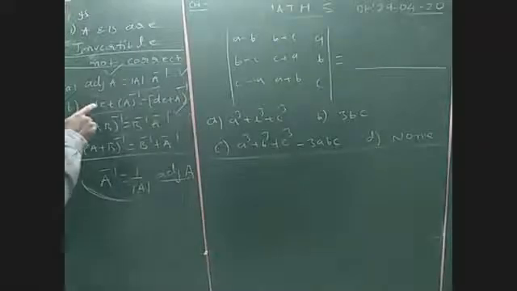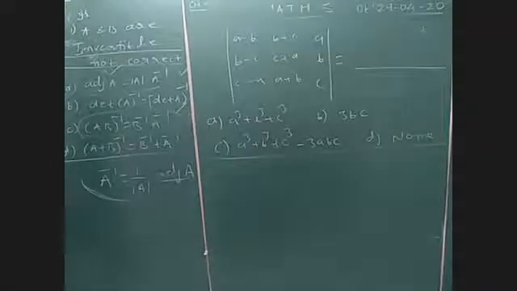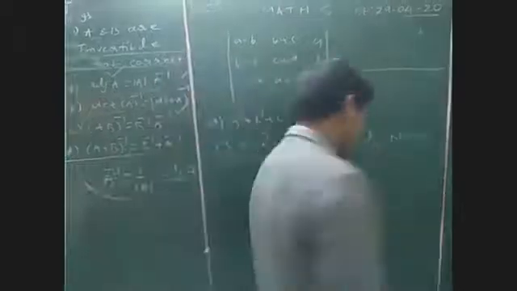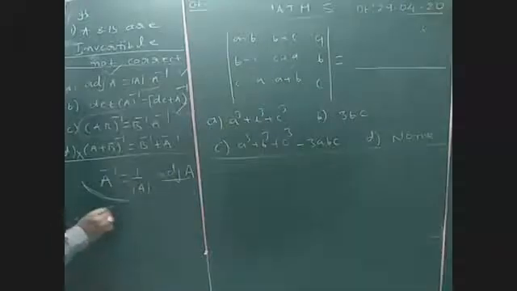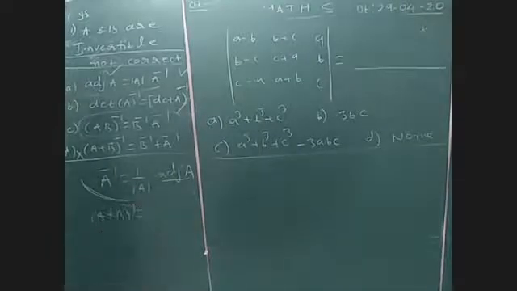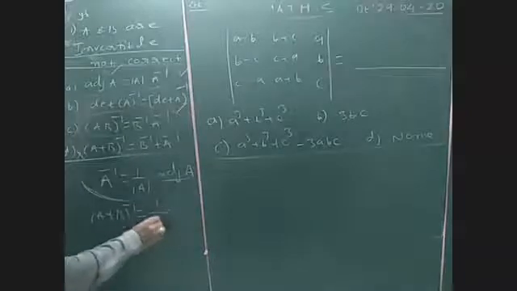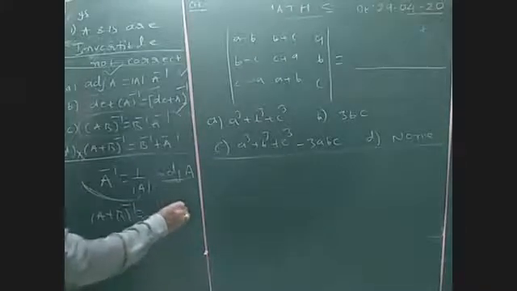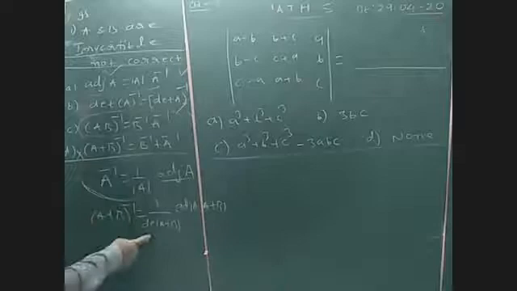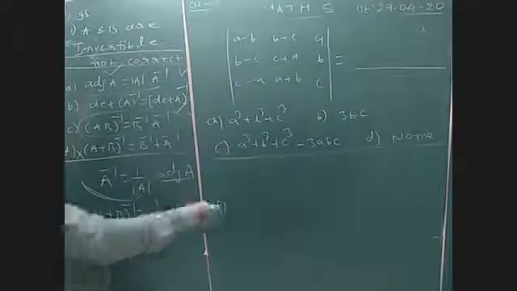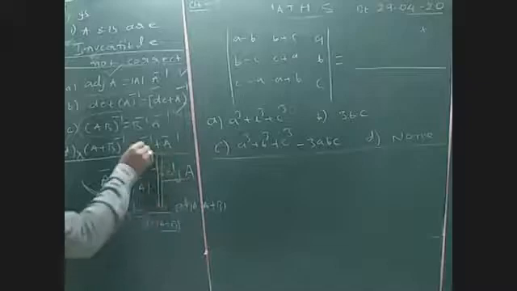Here, first of all, coming to this question, which is not correct? In these two, which one is wrong? So look here, this is wrong, not correct, because A plus B whole inverse can be written as 1 by delta of A plus B into adjoint of A plus B. A inverse formula is 1 by delta A into adjoint of A. So this is clearly not equal to B inverse plus A inverse.